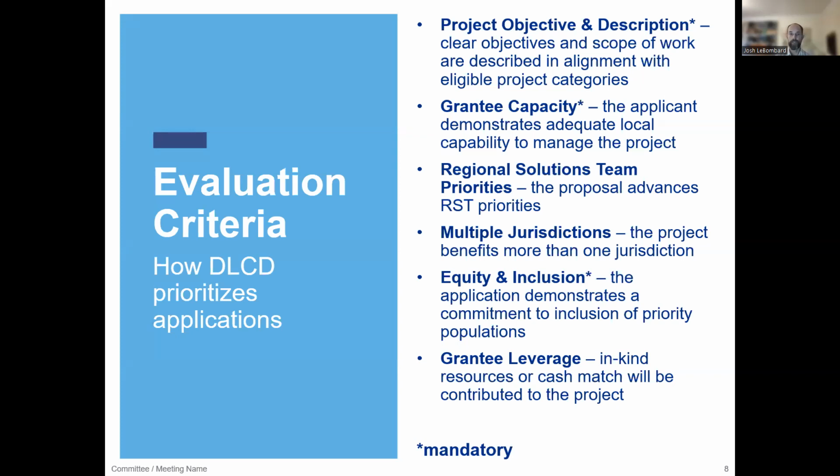I want to emphasize that we do have a lot of jurisdictions that don't have substantial capacity around the state. And we are very much in the position to be able to help those jurisdictions when it comes to capacity. Really what this is going to get into, though, is something I'll address later, which is contacting your regional representative and kind of working out the details on that with them.